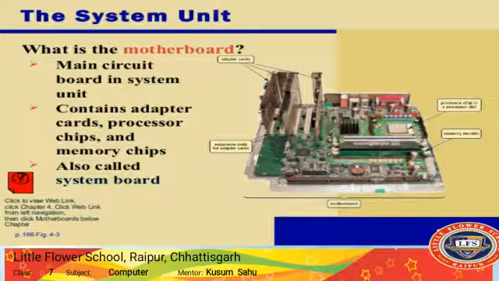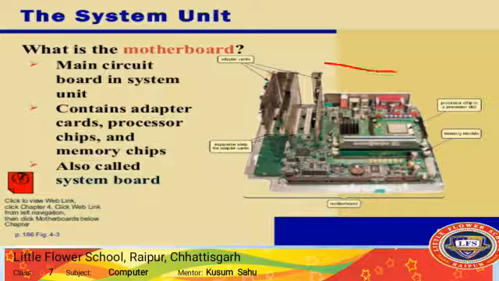As the name suggests, like at our home our mother does all the work, similarly this motherboard does all the work on the computer. It contains adapter cards, processor chip and memory chip, and is also called the system board or brain of the computer. It is also the brain of the computer because all the work is done through this only.